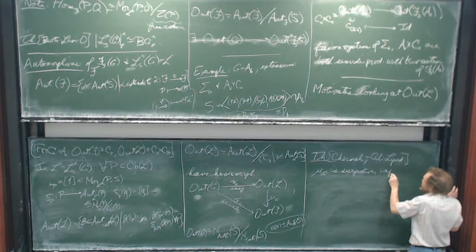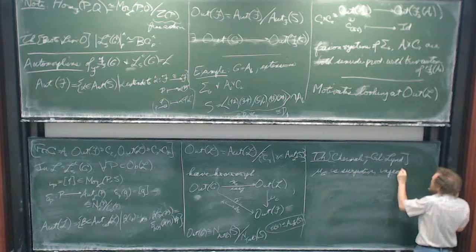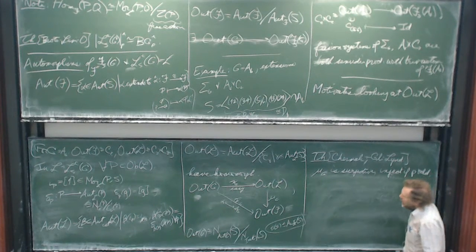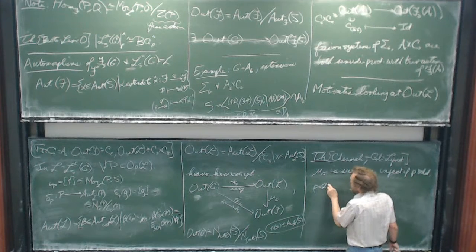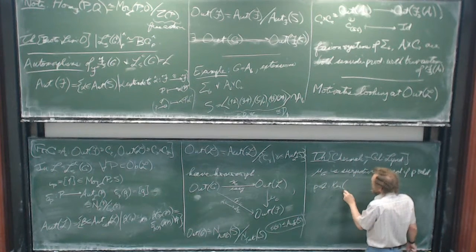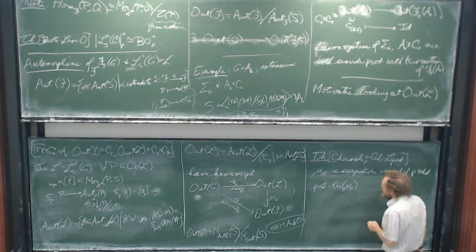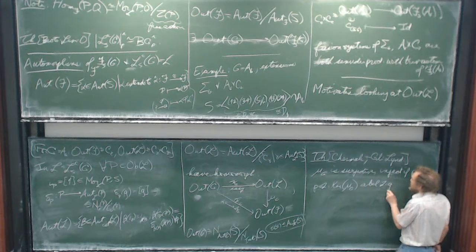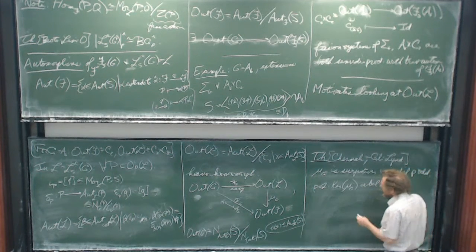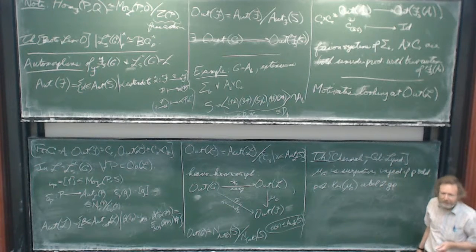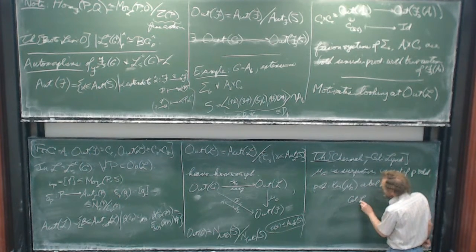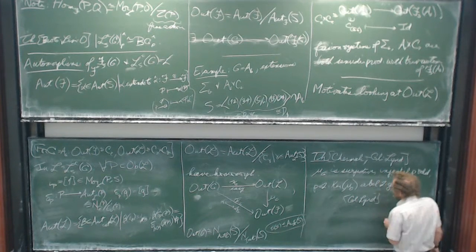It's injective if p is odd, and if p is equal to 2, then the kernel of mu sub G, well, what's easy is that it's an abelian 2-group, and by a recent result, it's elementary abelian.